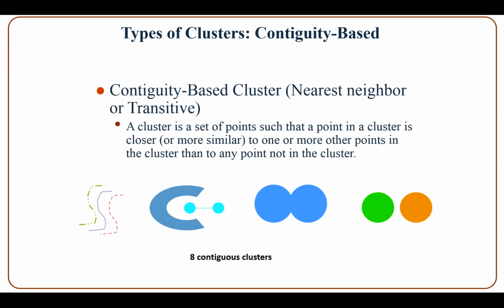A contiguity-based cluster is a set of points such that a point in a cluster is closer to one or more other points in the cluster than to any point not in the cluster. The example shows 8 contiguous clusters.